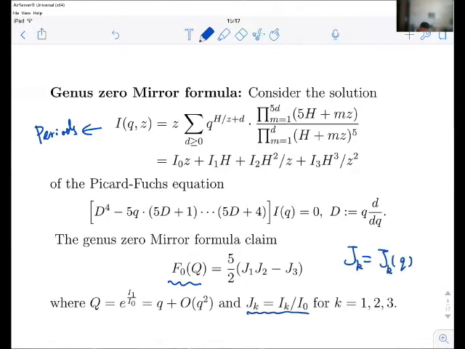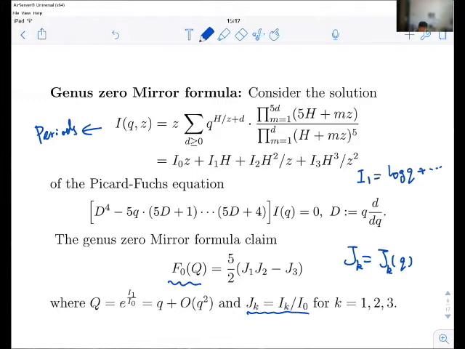And you can have some mirror map. The mirror map is defined by the exponential of I_1 over I_0, because we see from the definition that I_1 starts from log z, I_1 is log Q. So you can simply compute that this big Q will be equal to small q plus some higher powers.